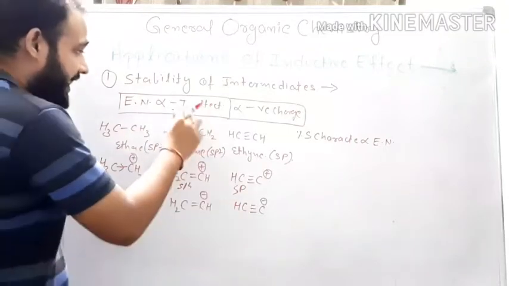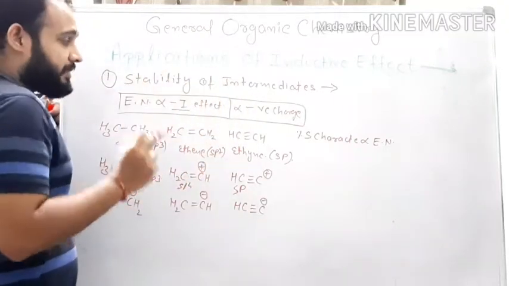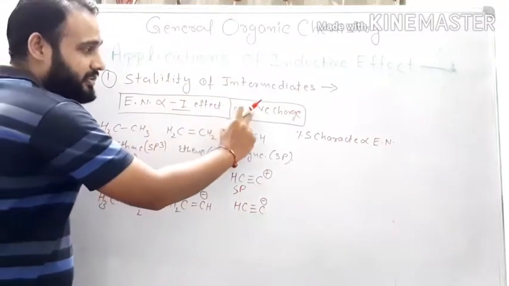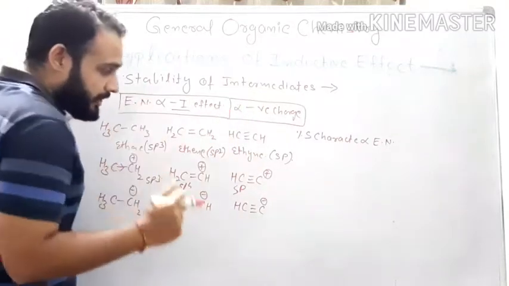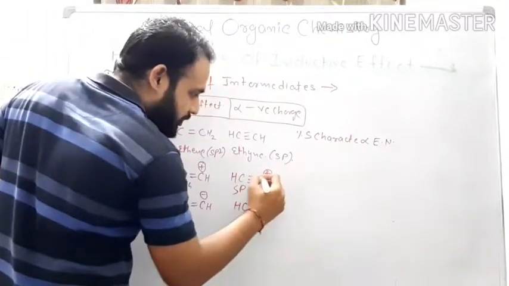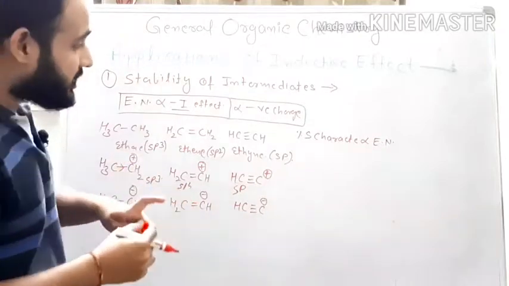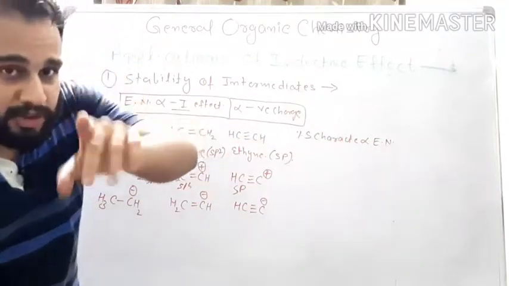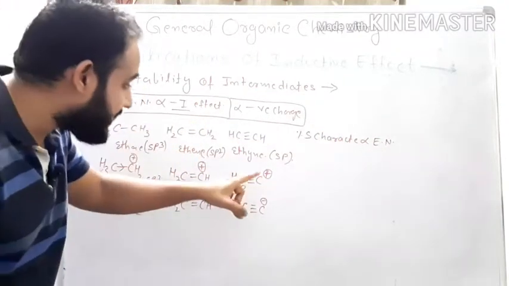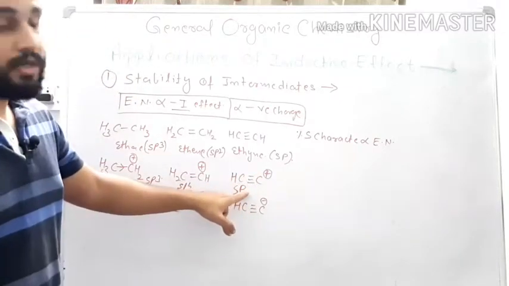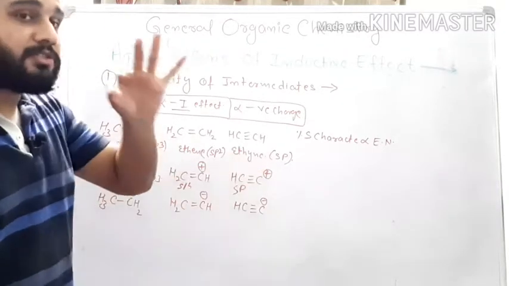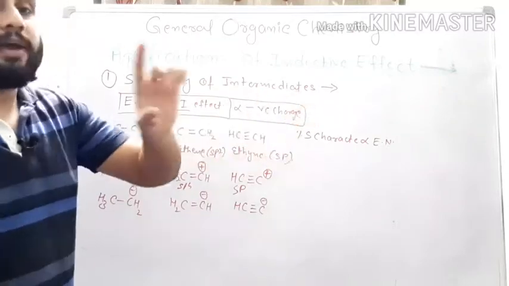So it means it has a strong minus I effect, and because of this strong minus I effect it bears negative charge. But you can see in your cations it bears positive charge. So according to this electronegativity concept, it has the least stability, because it has positive charge which can't be stable in the sp hybridization state.